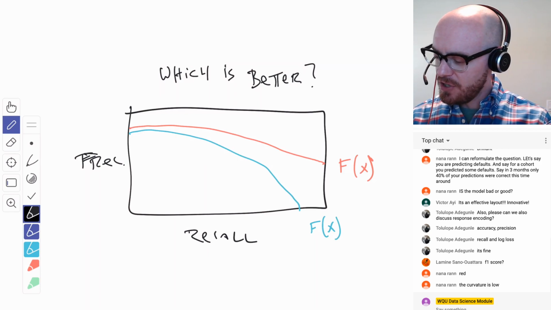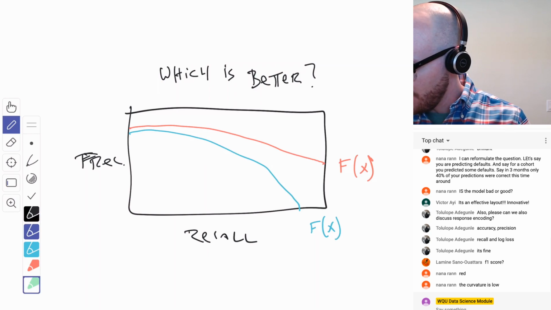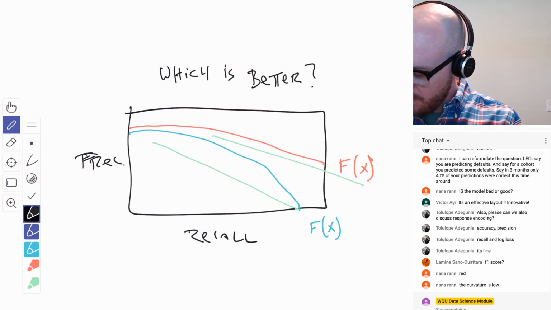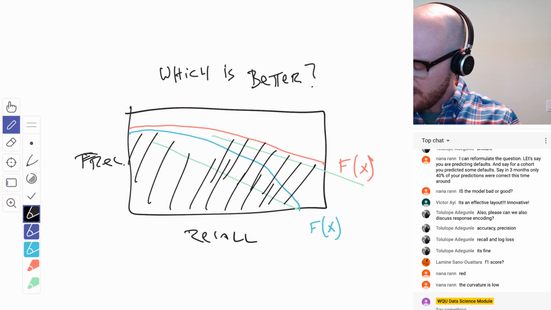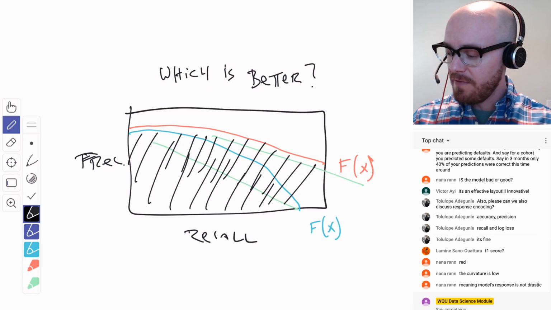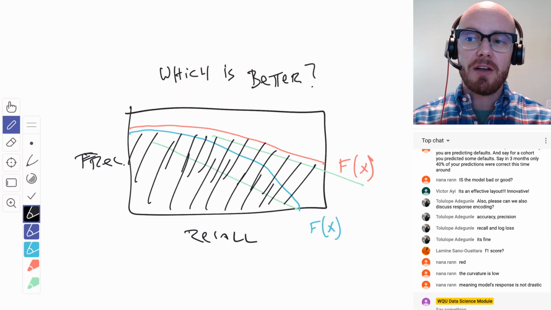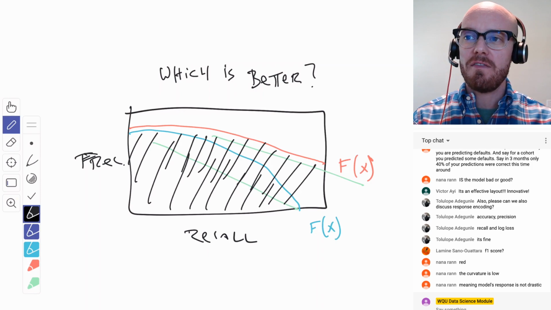They say that the curvature is low. So we could think of it in terms of the slope, right? The slope of this line is steeper than the slope of this line. Or we can also think about it in terms of area under the curve. So there's more area under the red curve than there is under the blue curve, which means that there's less of a trade-off between precision and recall. That is to say, it is possible to have a model that has high precision and high recall. So there's not this huge trade-off that we see here.